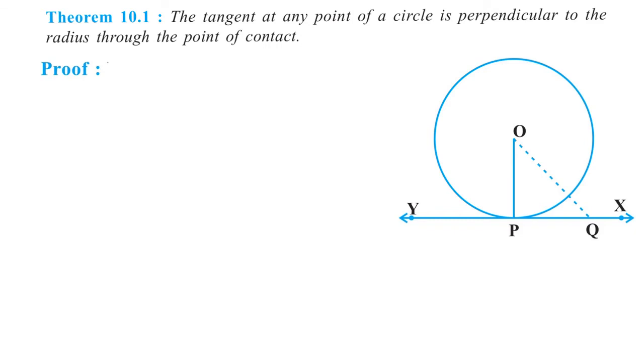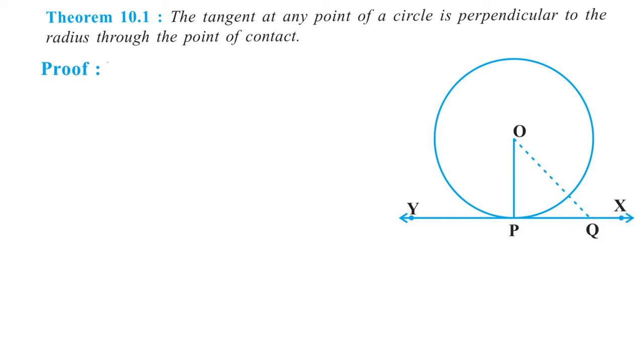The tangent at any point of a circle is perpendicular to the radius through the point of contact. We need to show that OP, which is the radius, and XY, which is the tangent, and the point of contact is P. So we need to show that OP is perpendicular to XY.